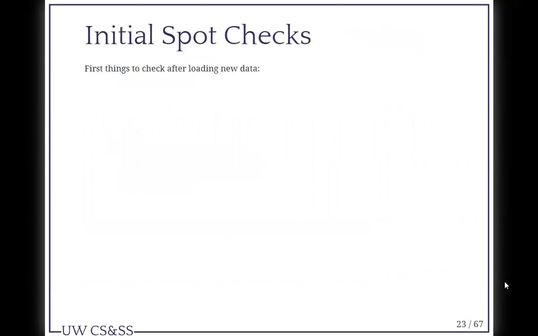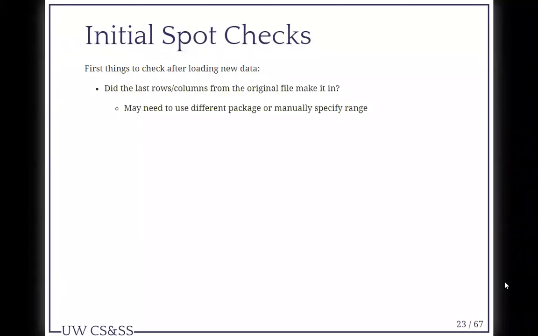So I want to start with some initial spot checks that I like to do when I get a new data set in my lab. The first things to check after loading in new data for me is more or less this list. Did the last rows or columns from the original file make it in?